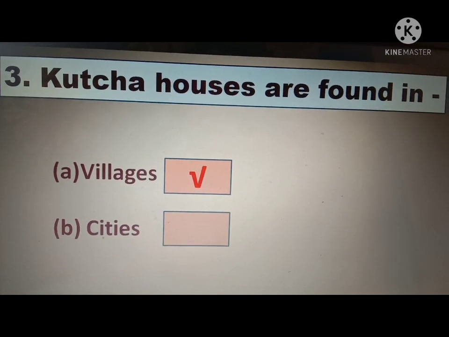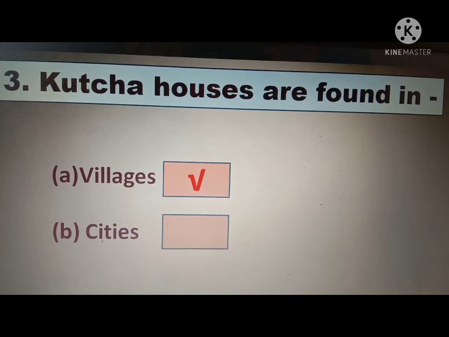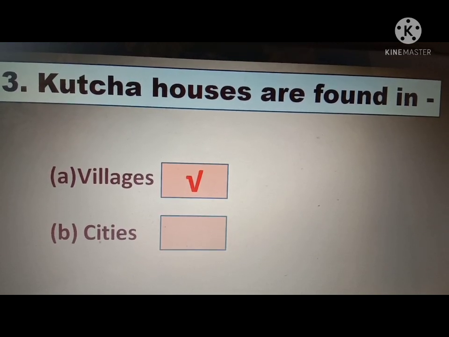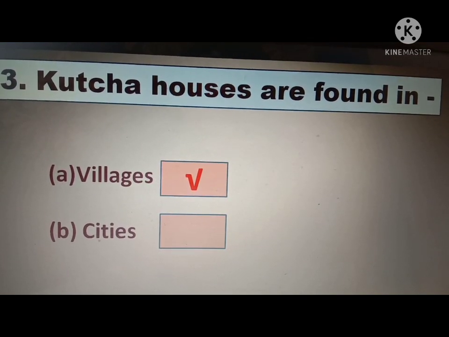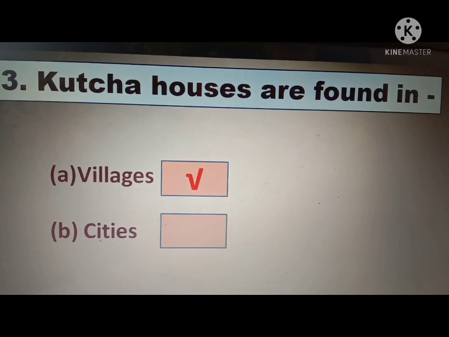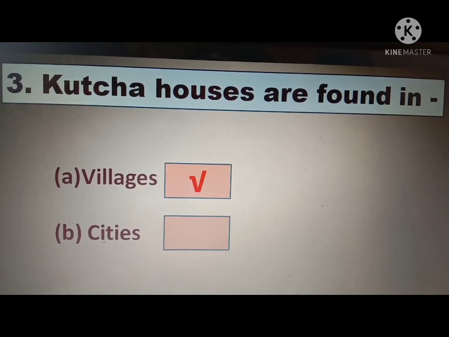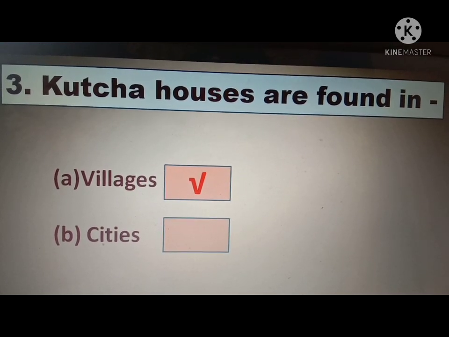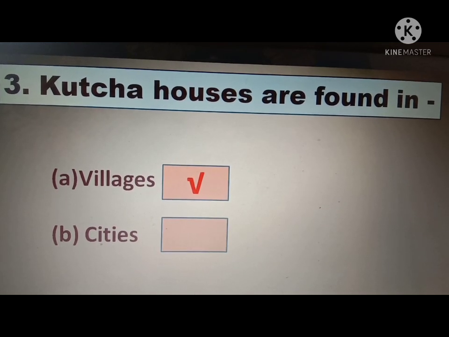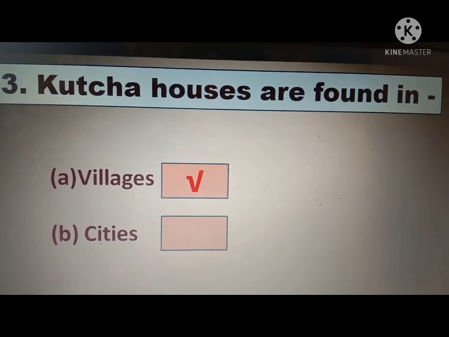In cities you will get big buildings, and big buildings are made up of bricks, iron, cement, and in villages you will get houses like huts and the houses that are made up of mud, straw, wood, stones, dry leaves. So these kinds of houses are called Kacha houses, and we see these kinds of houses in villages. So villages is the right answer.